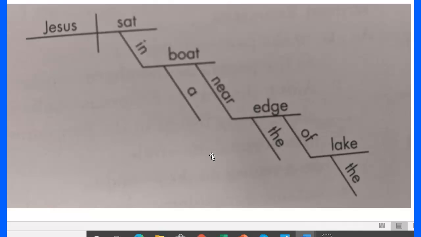And number 6, Nehemiah was ready for the challenge of rebuilding. For the challenge of rebuilding is adjective. What was he ready for? Challenge. And so it's moving over to modify.